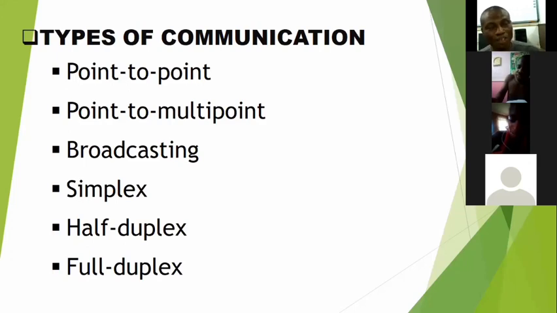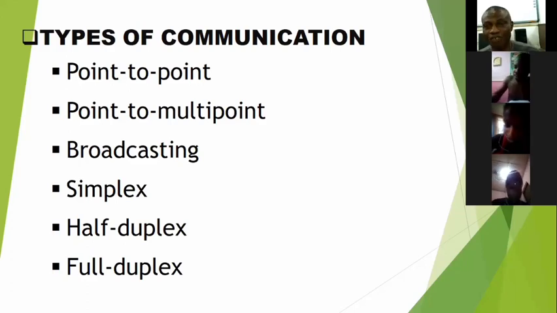But in broadcasting, there is a sending device, like in the radio station, that will broadcast to various units, where each person has his own private radio, tuning into that point. TV broadcast, when the presenter is presenting news or casting the news in a TV station, all other persons having their personal TVs link up, and so they listen or watch the broadcast. They don't contribute. That kind of communication is broadcasting.